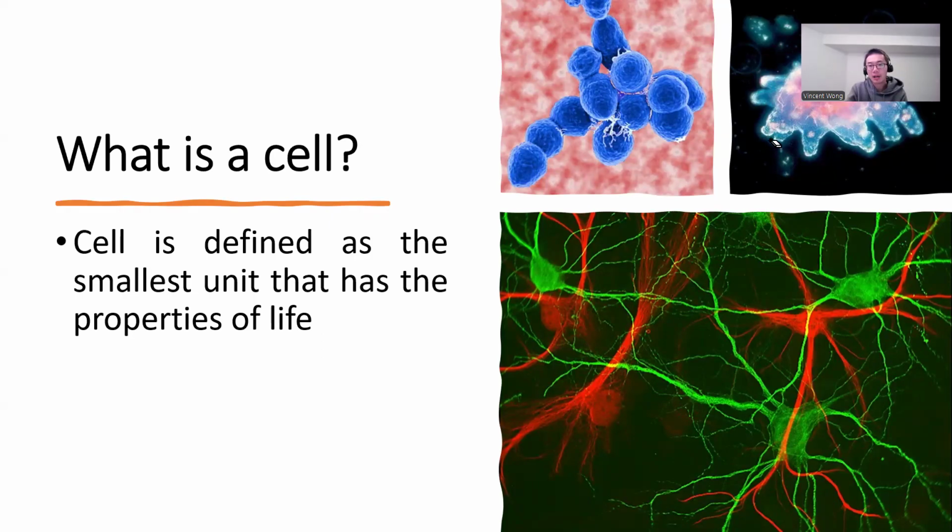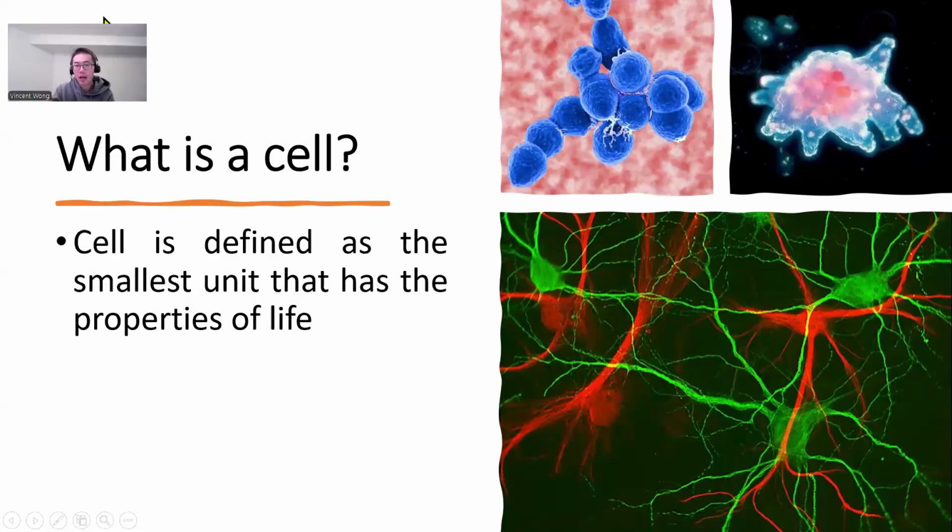This guy over here on the right side is called an amoeba. An amoeba is a single cell organism that lives in pond water. Sometimes they can make their way into swimming pools, and then it makes kids sick. They might have diarrhea and stuff like that. So that's amoeba.